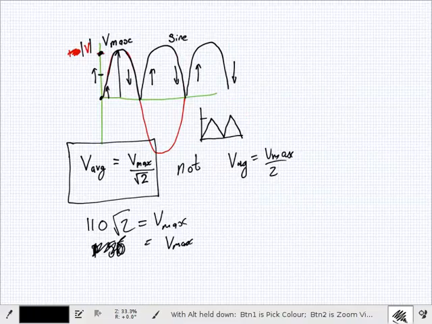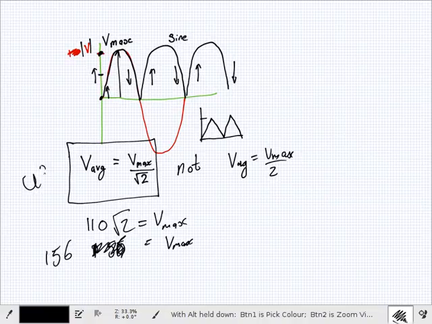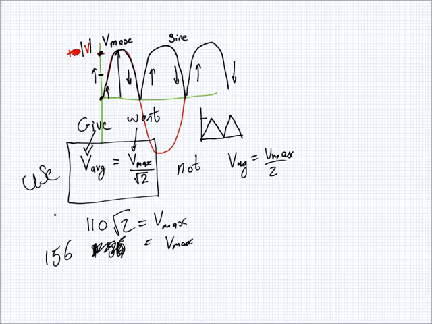V max with 110 root 2. I use this formula because I give you this in the question, and I want this one. Okay. Great. What's the second question?